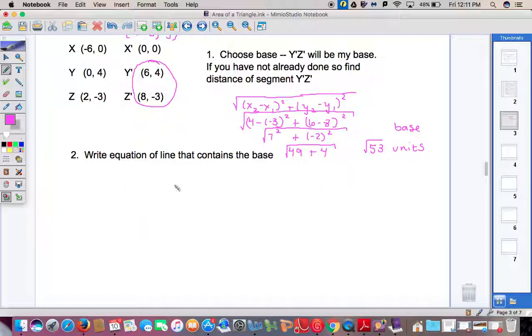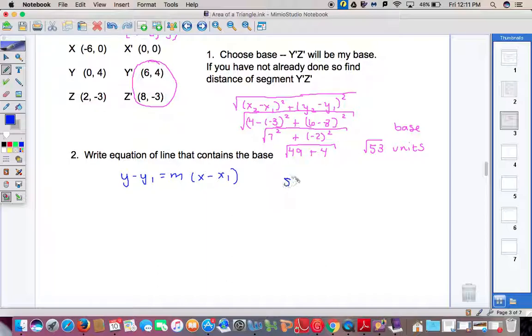So now I want you to write an equation of a line that contains those 2 points, that contains the base. And so we know the equation of a line is y minus y1 equals m times (x minus x1). Okay, so if I'm using these 2 points, I first need to find my slope.